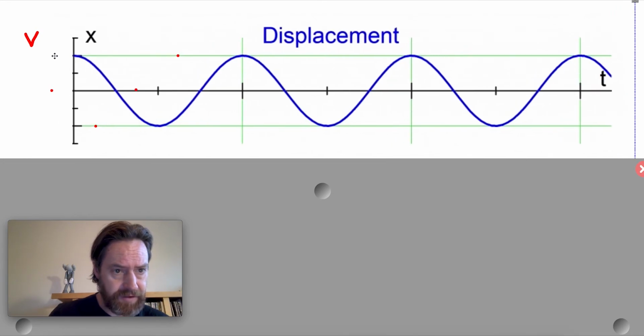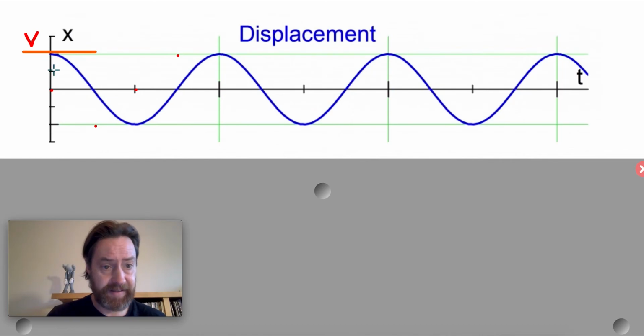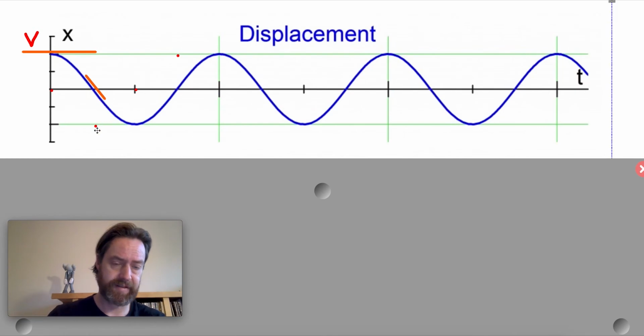So look, at the top here, the gradient is 0, so the velocity is 0. The gradient at this point here is at its maximum negative value. So there you go, you've got a negative value.